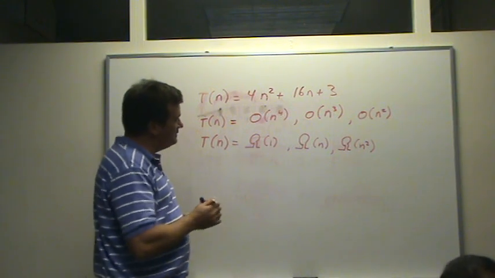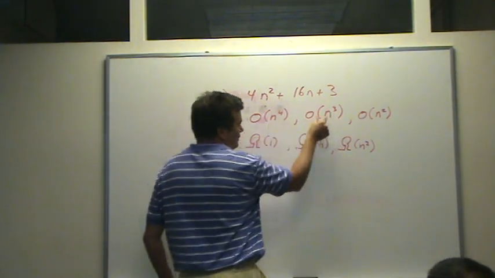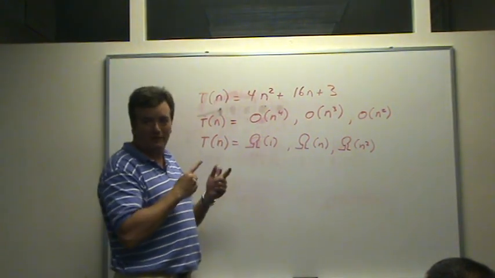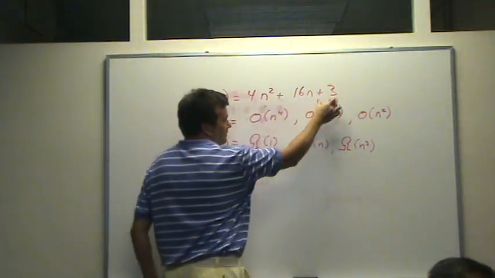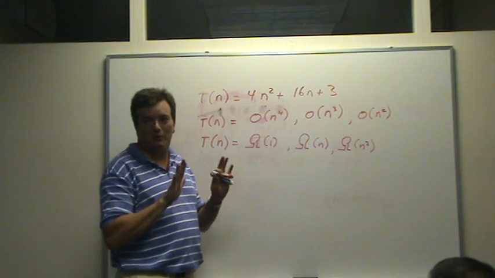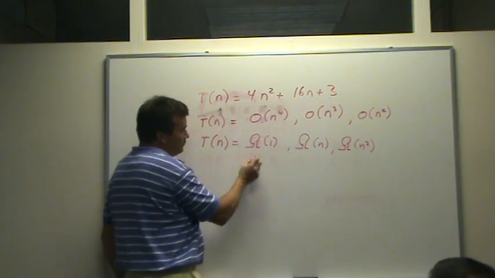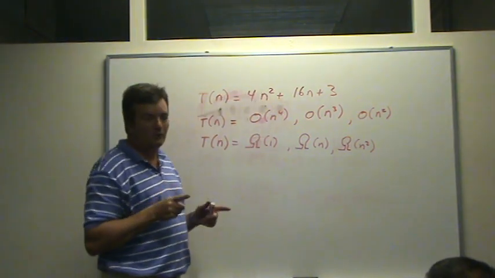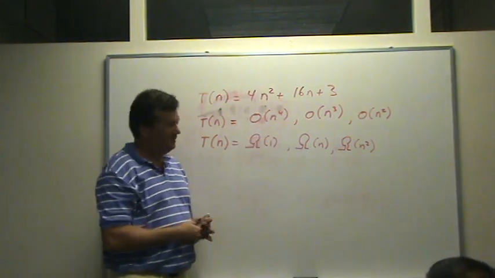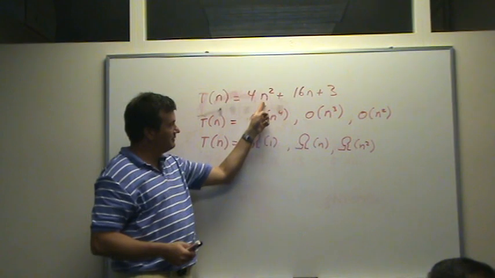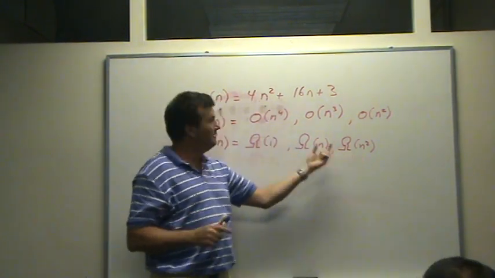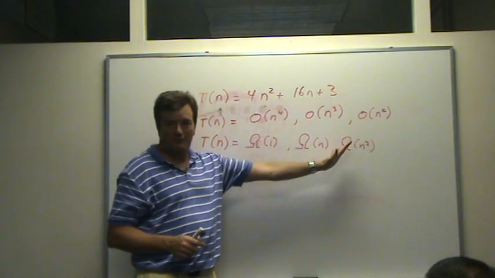So what we're basically saying is these terms are tied with or bigger than the biggest term here. That's basically what we're saying. With the omega, we're saying these terms are smaller than or tied with the biggest term here. This is smaller than the biggest term here. This is smaller than the biggest term here. This is tied with it. So all of these are true.